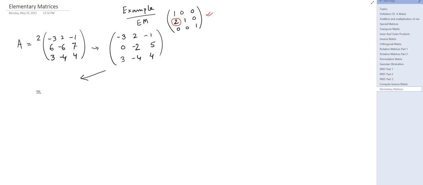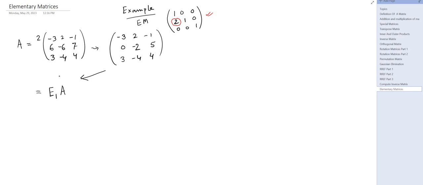So let's write this as E1 and A: the elementary matrix and the original matrix will give me this result. So using these Gaussian elimination steps, we are forming this one.